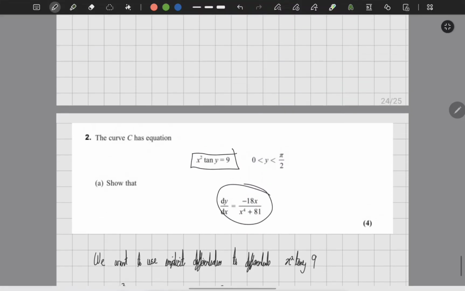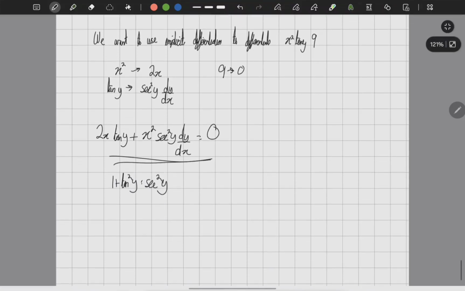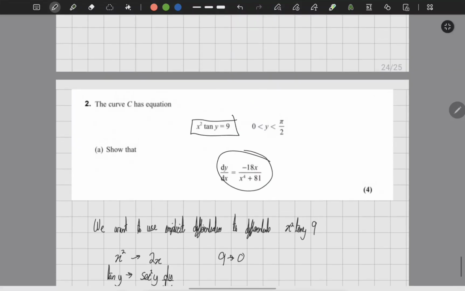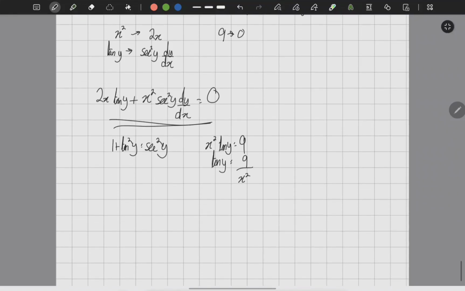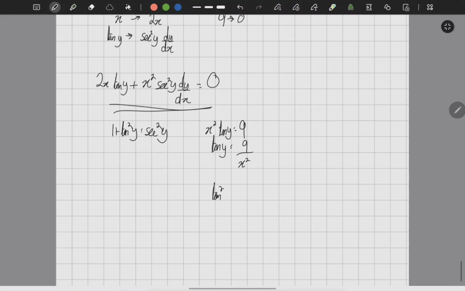And if we look at our original, x squared tan y equals 9, we can rearrange this so tan y is 9 over x squared. Then we need tan squared y so we can make this into terms of x's. So tan squared y is 81 over x to the 4.